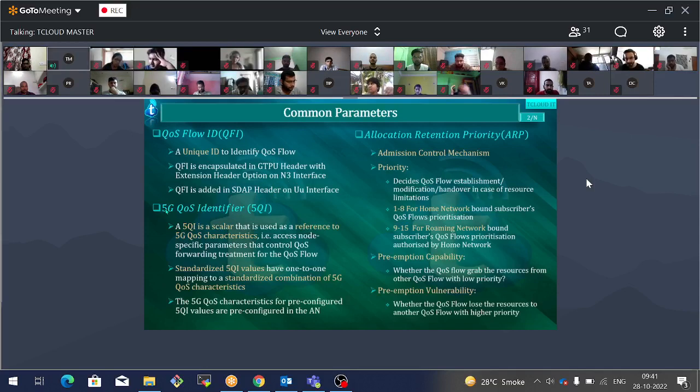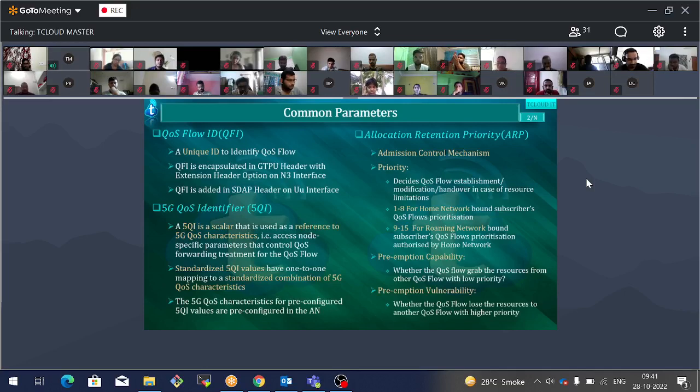Next, 5G QoS identifier. This is a scalar value, just a number that is used as a reference to a set of QoS characteristics that are already standardized and predefined in your 5G environment.